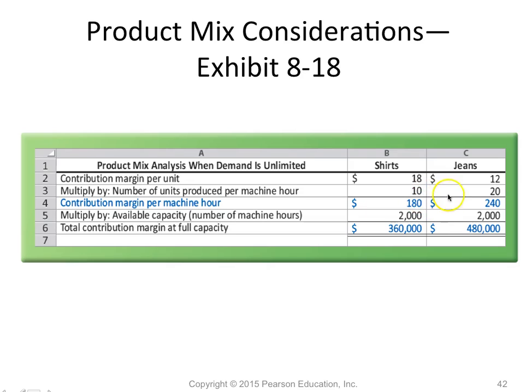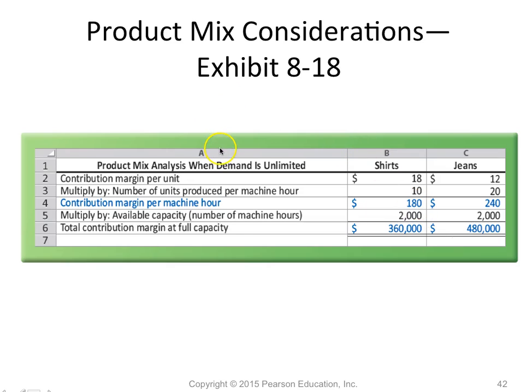Units per machine hour are 10 and 20, so we can get the contribution margin per machine hour of 180 and 240, and multiply by the available capacity of 2,000. If there's unlimited demand in the market, each line is going to make these numbers, but things don't work that way.